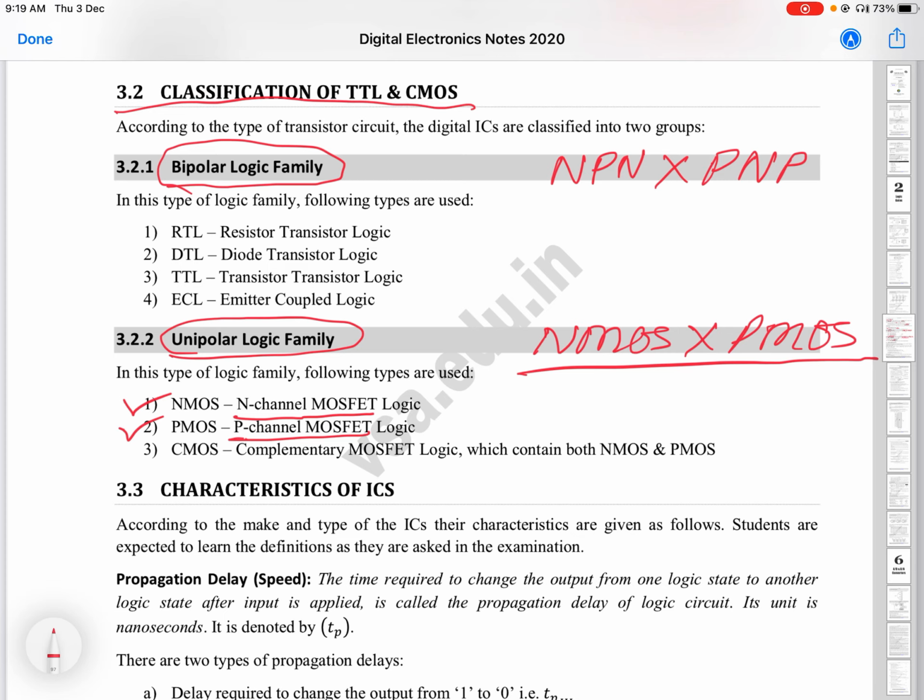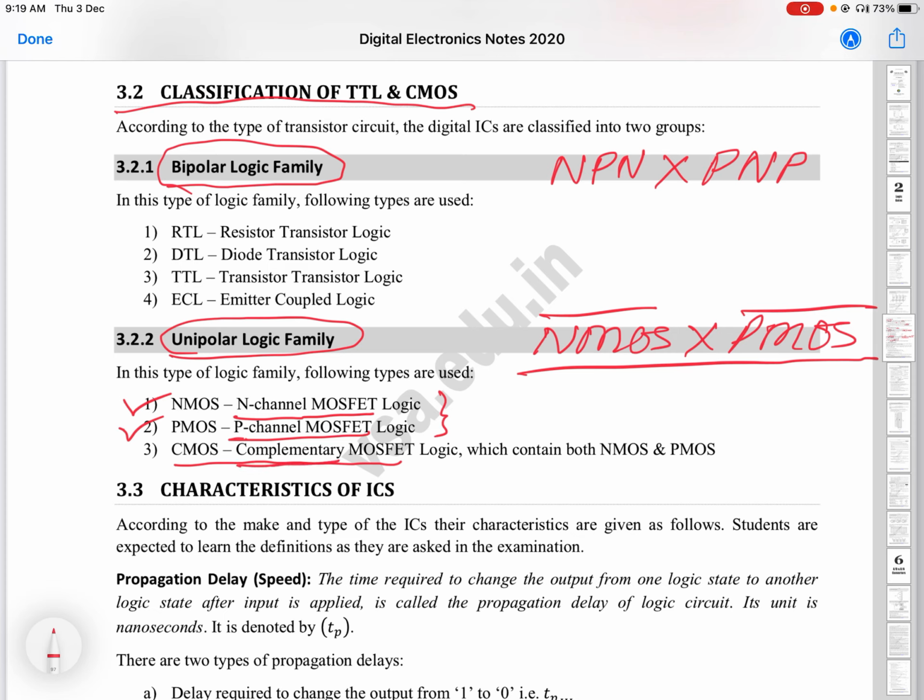Just like that, the NMOS and the PMOS have their working exactly opposite to each other. Hence, whenever we use NMOS and PMOS together in a logic circuit, then that circuit is called CMOS. CMOS stands for complementary MOS.